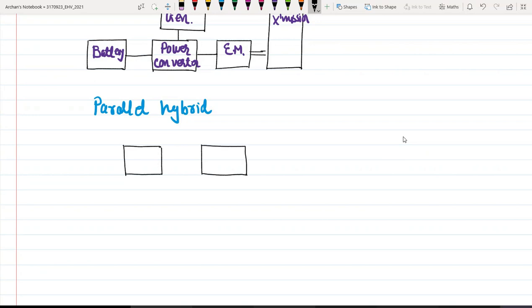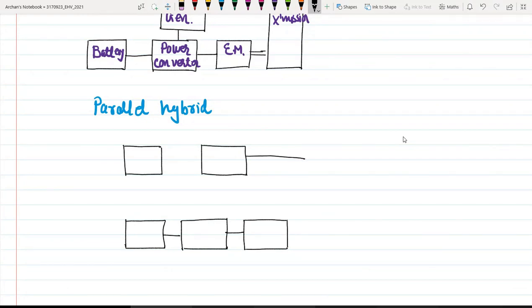And parallel to this we will have another powertrain, consisting of an electric motor. So I will have three blocks: one is battery, another one is power converter, and third one is my electric motor. And these two powertrains are parallelly connected to the transmission system like this.